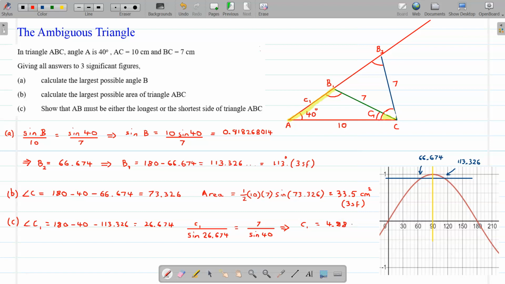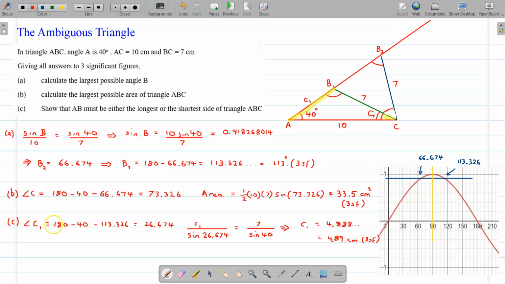In fact, it goes 4.888, which is equal to 4.89 to 3 significant figures. And I'm putting centimeters to make it clear that it's a length we've just found.